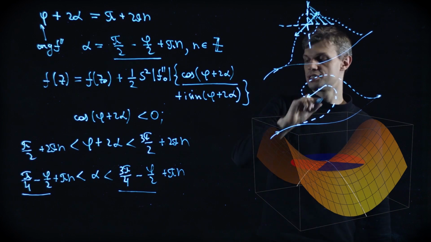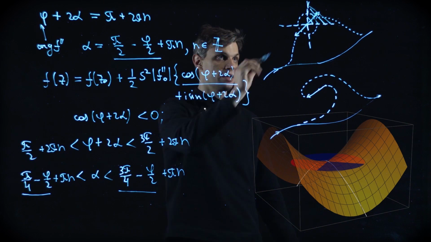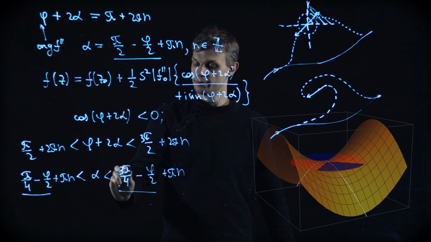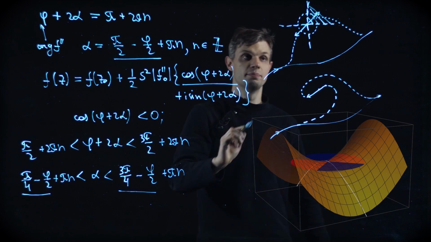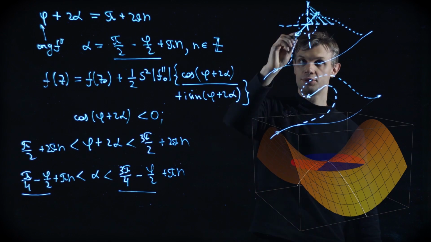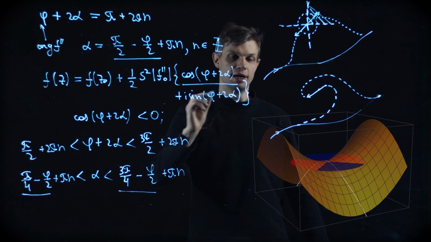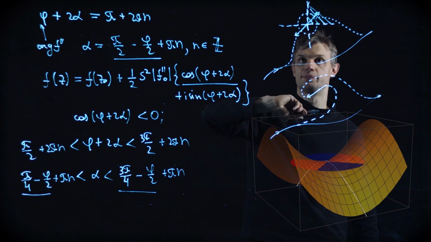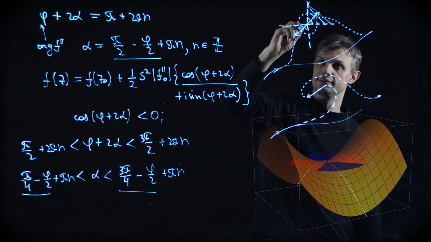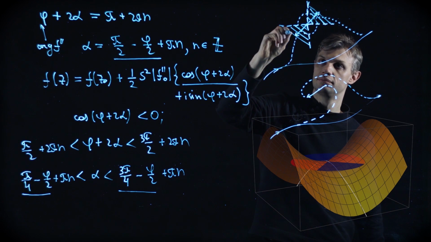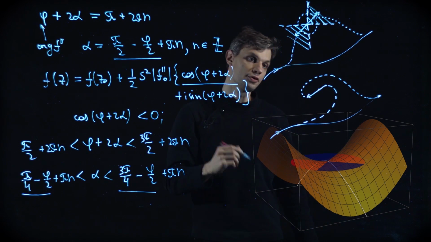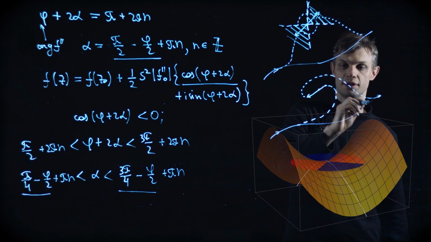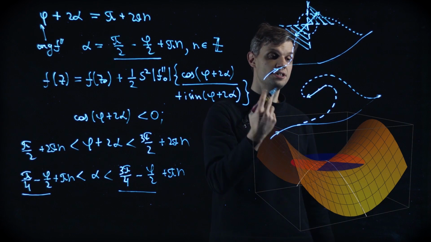The initial region comes from n is equal to 0, so pi by 4 minus phi by 2, and 3 pi by 4 minus phi by 2, this one. And the second region comes from n is equal to 1, so it rotates by pi counterclockwise, like that. And now, of course, you see that that kind of passing of the contour, that kind of deformation, is illegitimate.